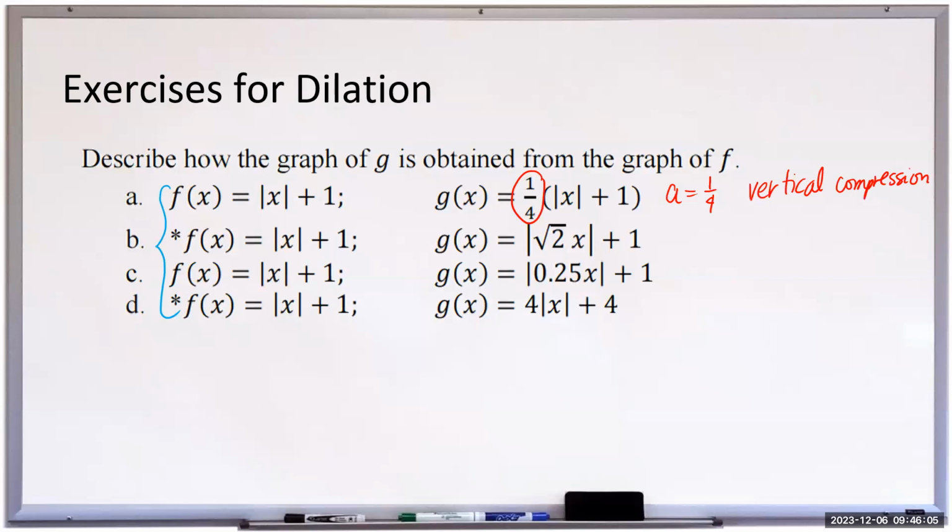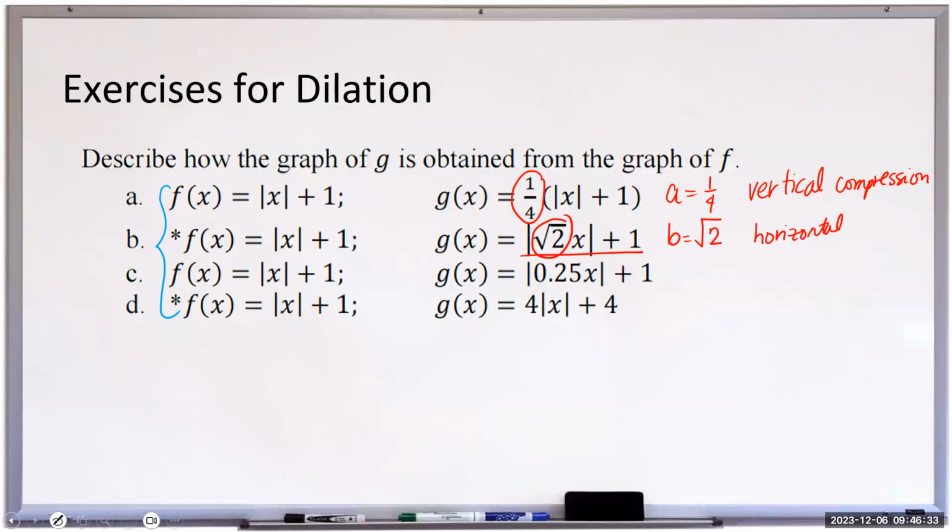For item B, from absolute value of x plus 1 to this form, as you can see, our multiplier inside the absolute value symbol is square root of 2. So b is equal to square root of 2, and square root of 2 is greater than 1. Therefore, this is horizontal.